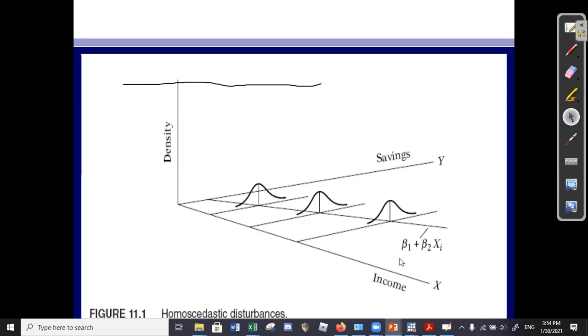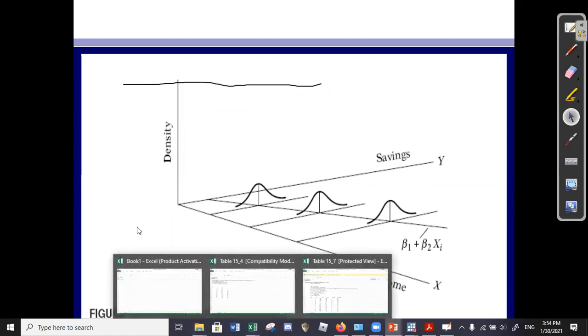As income increases, if y is, for example, our dependent variable, if it represents savings, and x is our explanatory variable income, then what we call homoscedasticity, right?